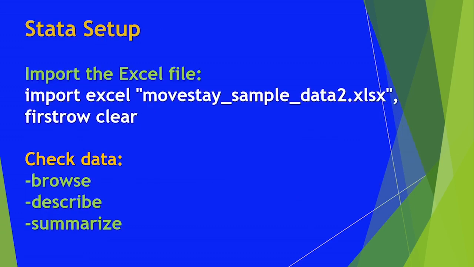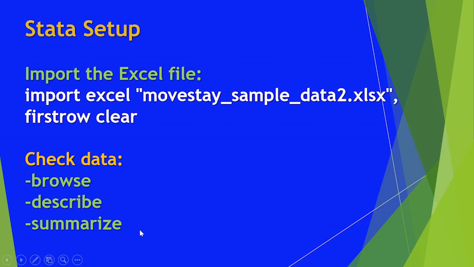We'll have to set up our Stata environment by importing the Excel file, and this is the syntax. The dataset will be called Movestay sample data2.xlsx, and summarizing. Browsing is like viewing your data like a spreadsheet, describing is like viewing your columns, and summarizing gives your summary statistics.